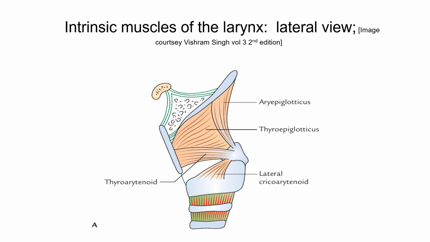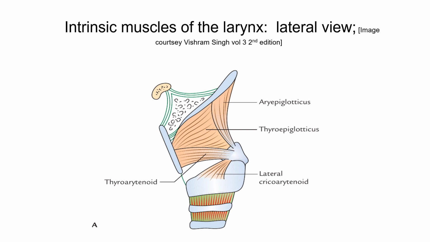Now let's see one after the other. In this lateral view of the larynx, you can see the intrinsic muscles. So here there is the thyroarytenoid muscle, lateral cricoarytenoid muscle, thyroepiglotticus muscle, and ariepiglotticus muscle.